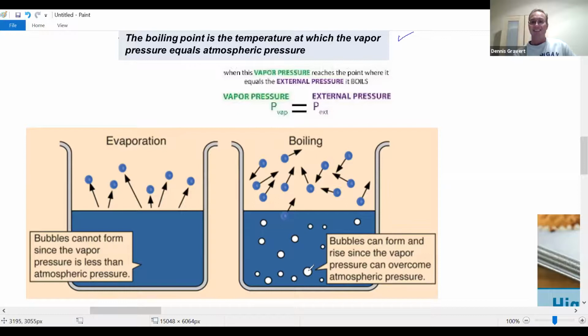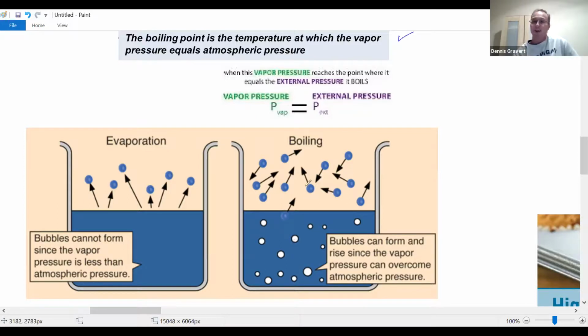This gas is full of water vapor. The vapor pressure from the gas can push the liquid aside and make a bubble. And that defines the boiling point. How hot does the water have to be so it can evaporate so quickly that within the liquid, it can turn into a gas and start bubbling, start boiling? That is the boiling point.